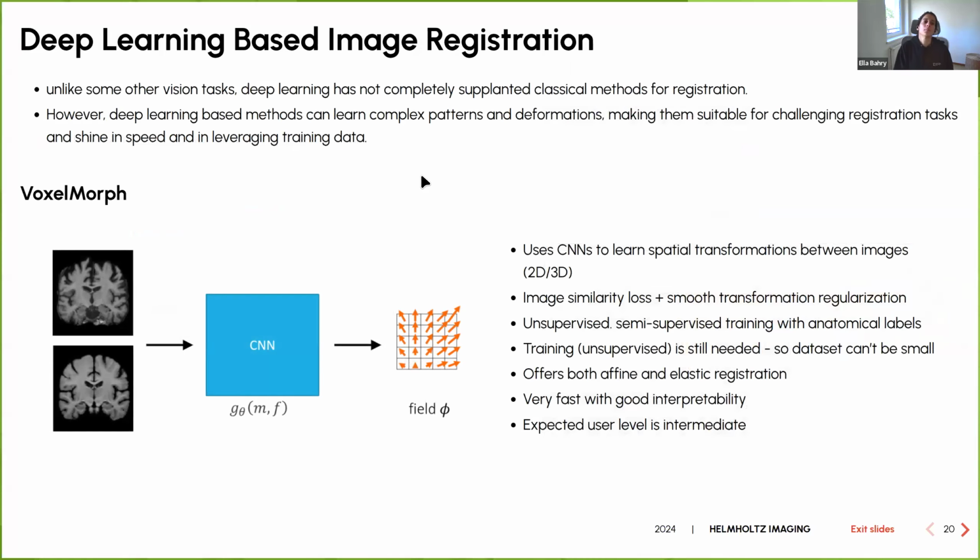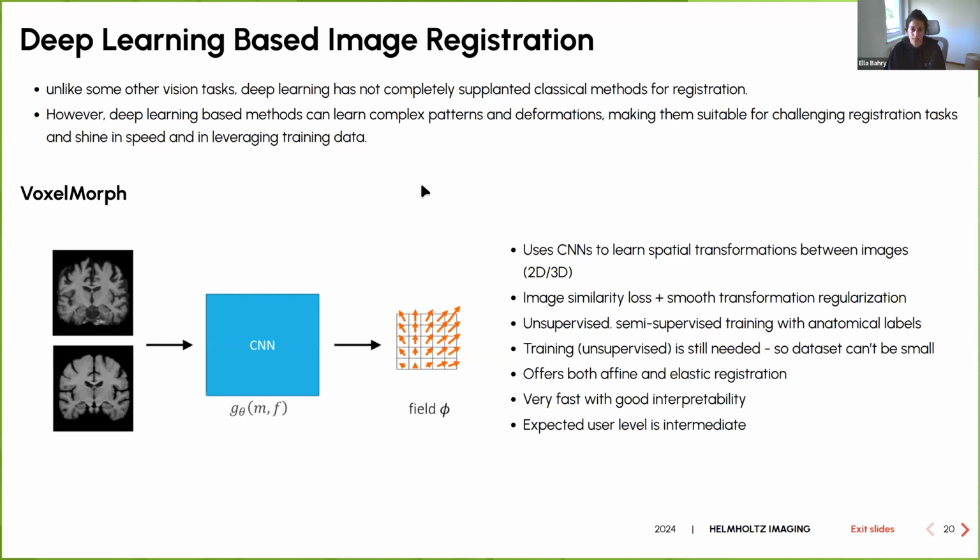All right, that method was kind of a hybrid. We used deep learning in the middle to find our landmarks. But let's talk about pure deep learning approaches. So interestingly, for image registration, deep learning is not the king. Usually when it comes to vision, a lot of people think that in a lot of vision tasks, deep learning is the best approach, and it solves many problems.